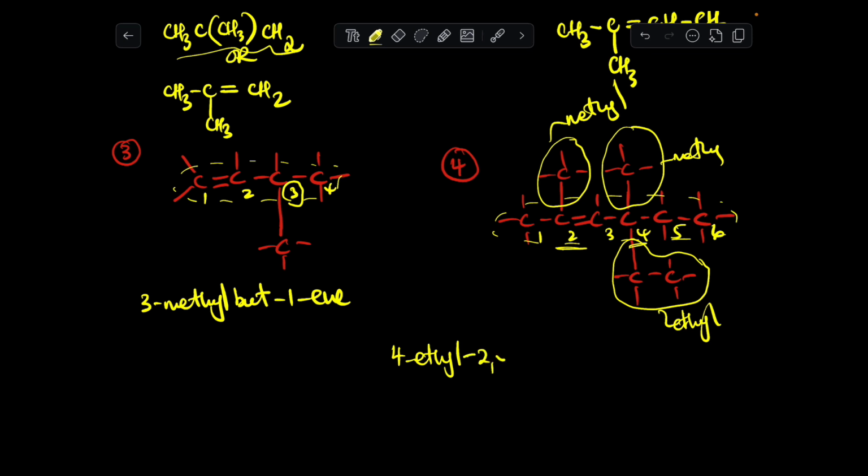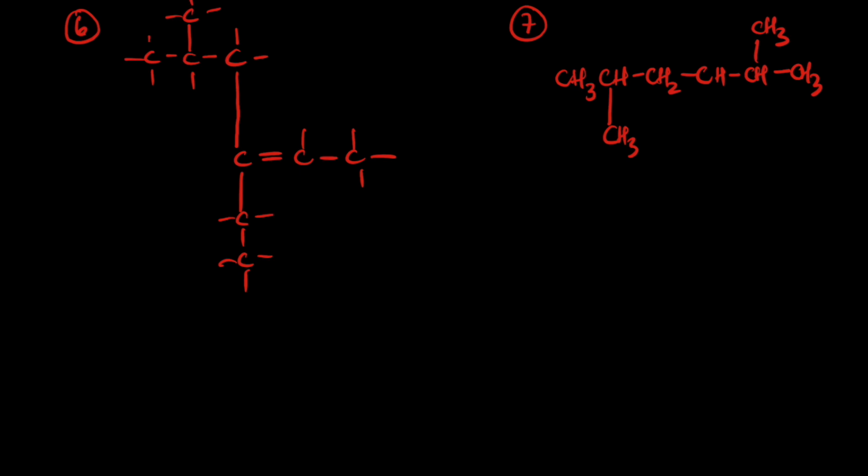So you say 2,4-dimethyl, and then the longest chain here is hex because it's 6. And then where's the double bond? The double bond is in carbon 2, because it's between 2 and 3. So it's 2-ene, and that's it. I hope it makes sense. The last two examples.